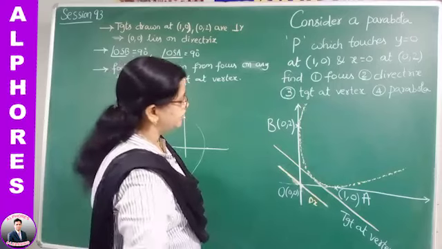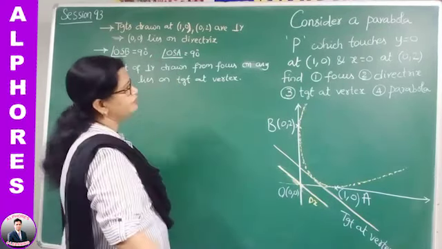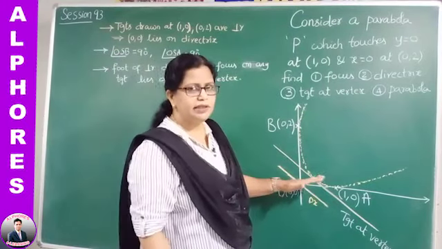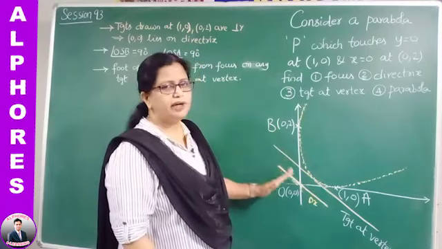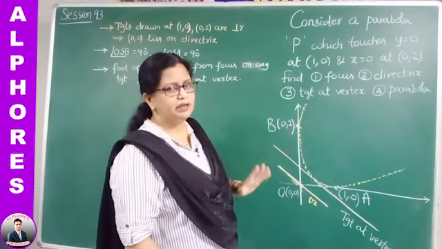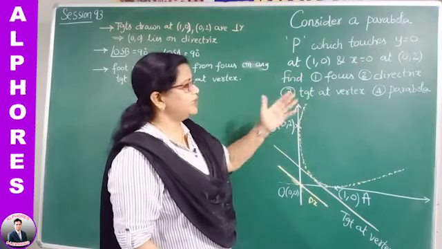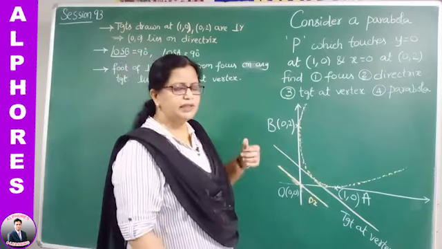Okay, now the next one is here they are asking about, this is the only information given, that the parabola is touching 2 lines at 2 points. Points of contact given, coordinate axes given. Now they are asking about all details regarding the parabola, that is focus, directrix, tangent at vertex, equation of parabola. They may ask latus rectum, anything.